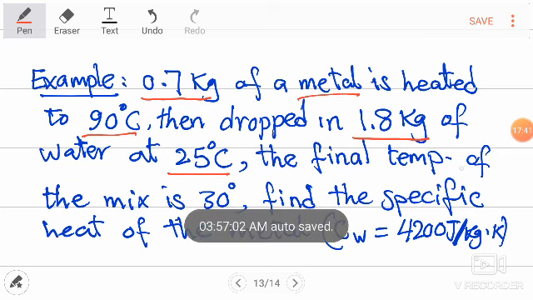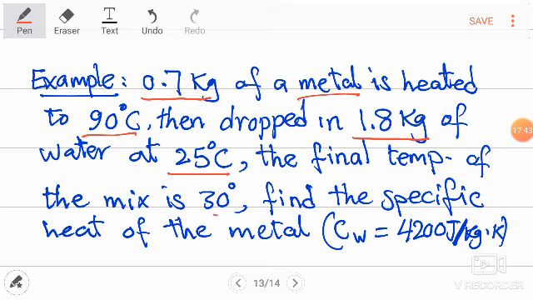The final temperature of the mix equals 30 after mixing them together. Find the specific heat capacity of the metal. You know that the specific heat of water equals 4,200 joule per kilogram Kelvin.